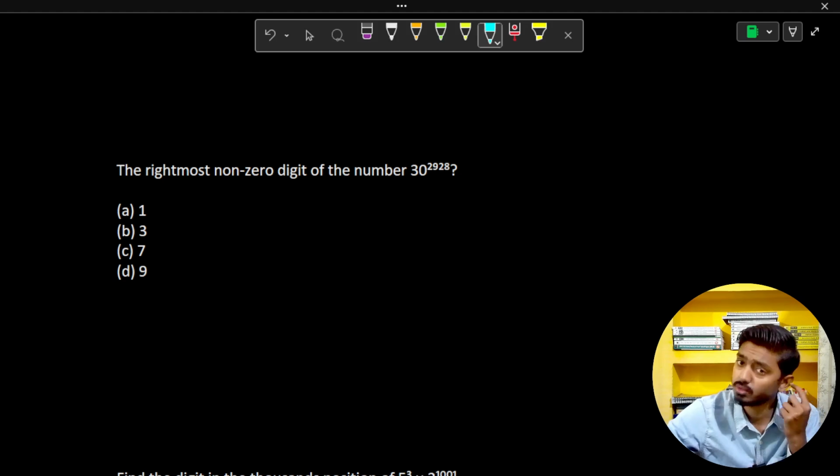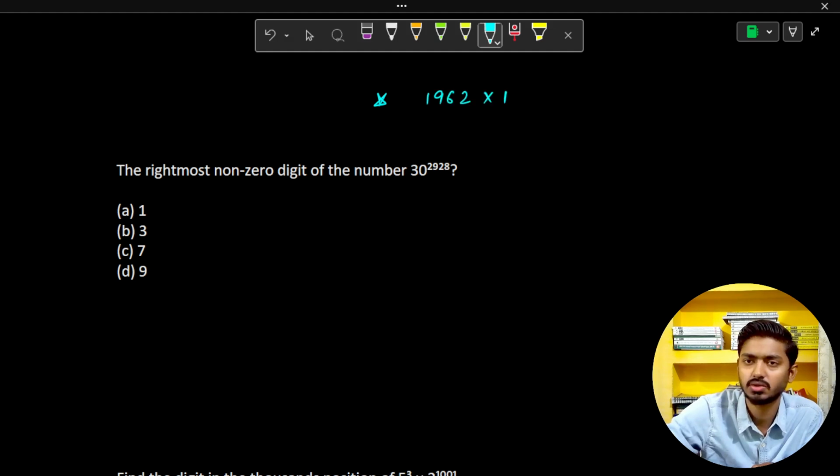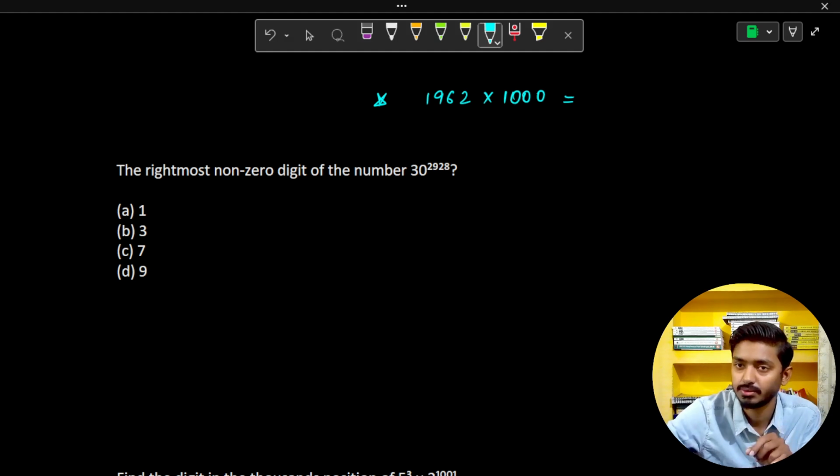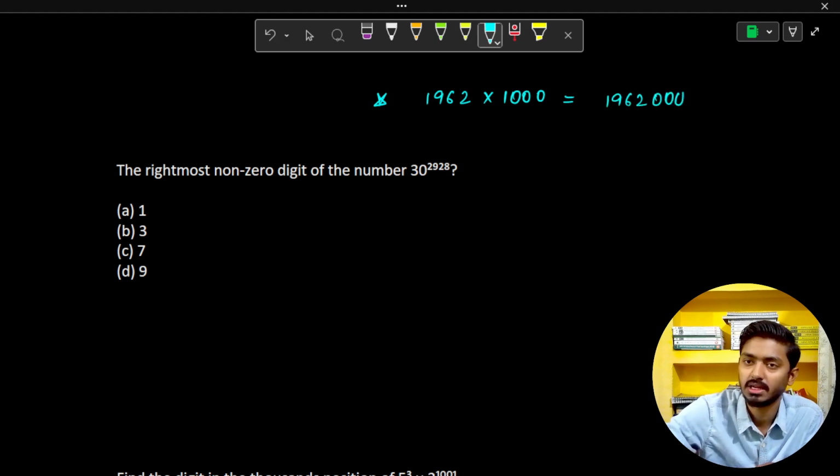Now before we solve this question, I'd like you to know, what if we multiply, let's say 1962 times 1000, and I ask you the rightmost non-zero digit. You multiply this and you say the rightmost non-zero digit is 2.